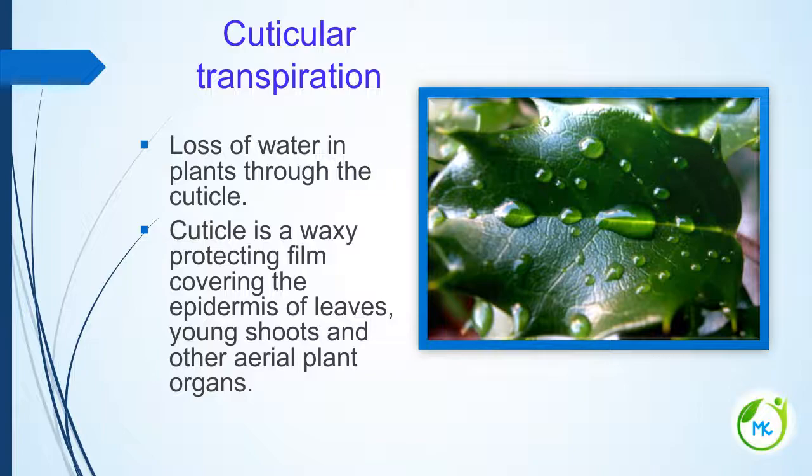Epidermis means the outer surface of the leaves, epi meaning outside. So it is found in the epidermis of leaves, young shoots and other aerial parts of the plant. Thus the transpiration taking place through cuticle is called cuticular transpiration.